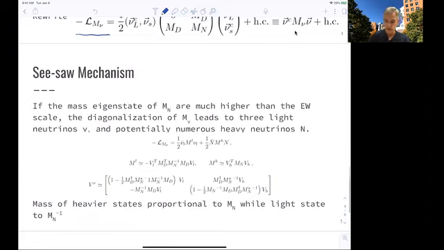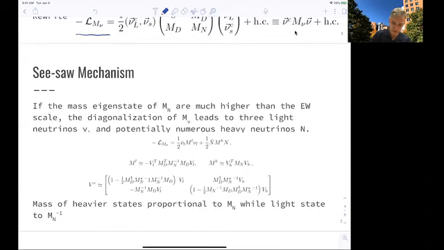If the mass term is now much larger than the electroweak scale, you can try to diagonalize the mass term, and it leads to the three light neutrinos you would expect, and one potential or maybe multiple potential heavy neutrinos.